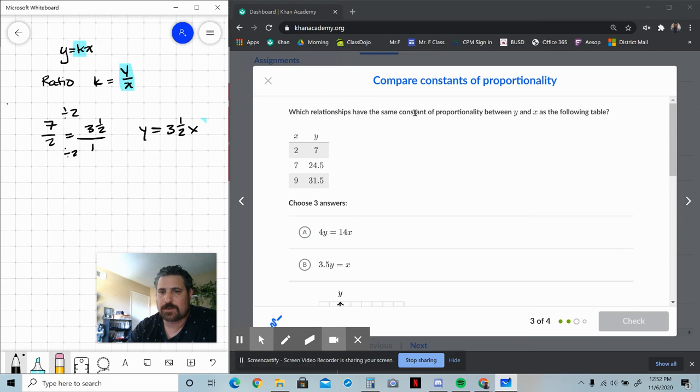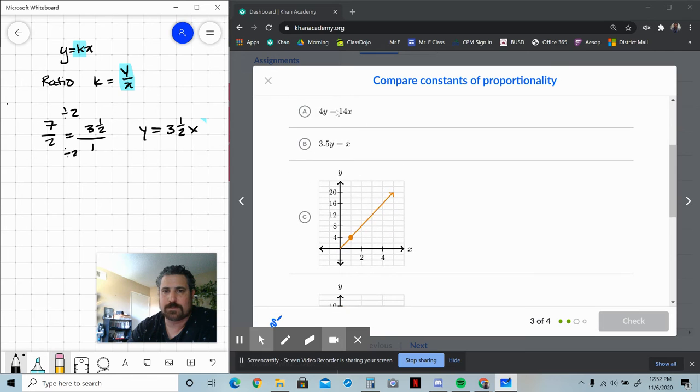So it says, which are the same constant of proportionality. So when we're looking at this one here, you can think about dividing 4y by 4, right? So if you were to divide both of these by 4, you would get 1y equals 14/4 x, okay? Now, is 14/4 the same as 3 1/2? 14 over 4. 4 goes into 14 3 times with 12, with 2 left over.